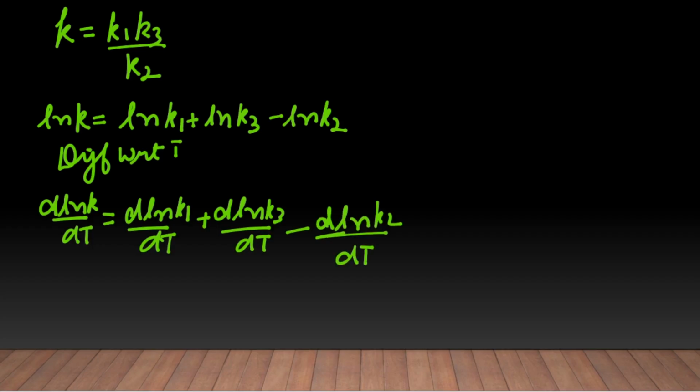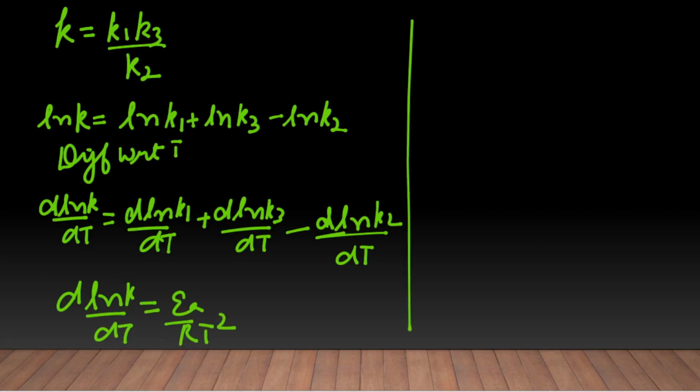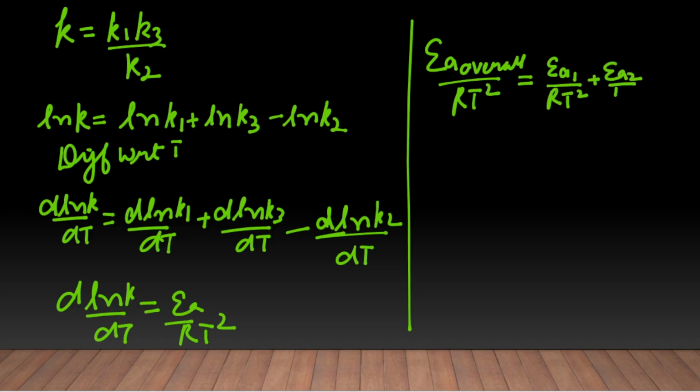Now according to the Van 't Hoff equation, d ln K by dT is equal to Ea upon RT square. So you can substitute that. It will become Ea, which is the overall, upon RT square, equal to Ea1 upon RT square plus Ea3 upon RT square minus Ea2 upon RT square.